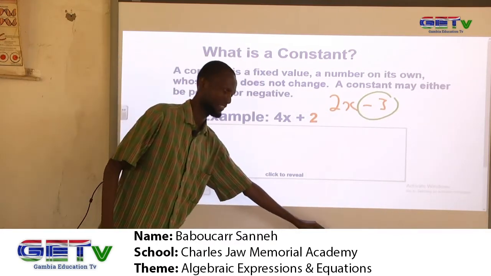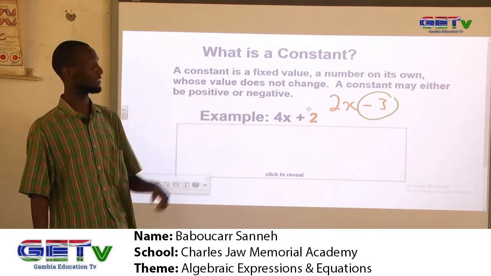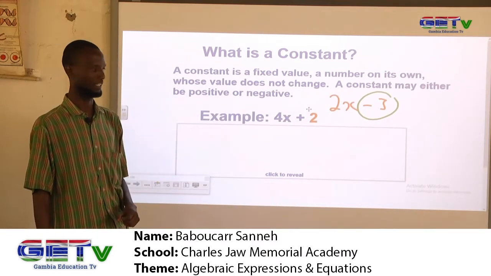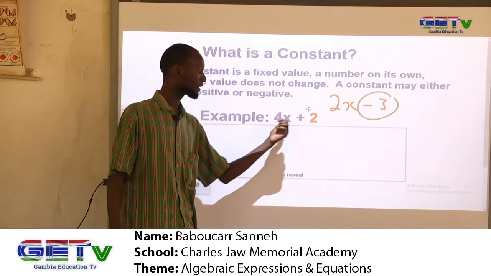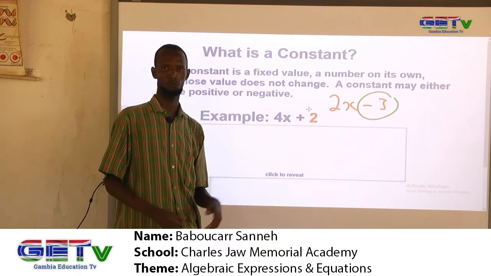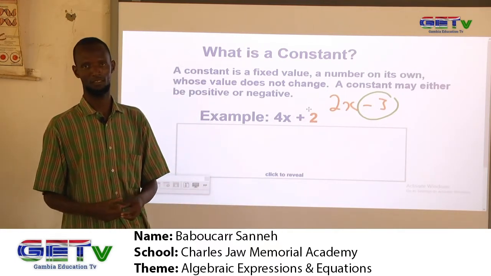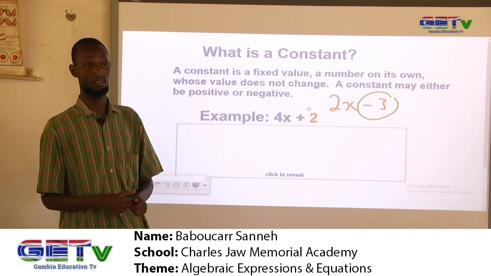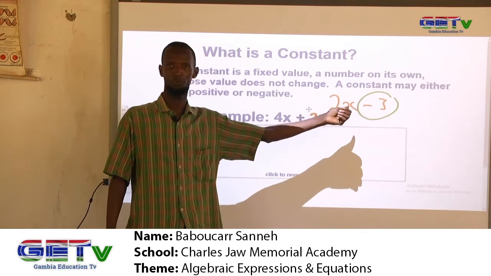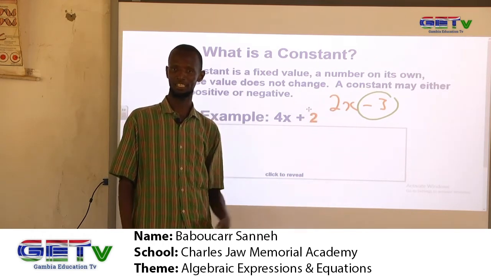That's a negative 3. So we can't say the constant here is 3. Instead, it is negative 3. On the first example, we could have written only 2 because it is a positive 2. And unless you are dealing with integers, you can always drop the positive sign. But the negative sign, we cannot drop. So in this case here, the constant is negative 3.